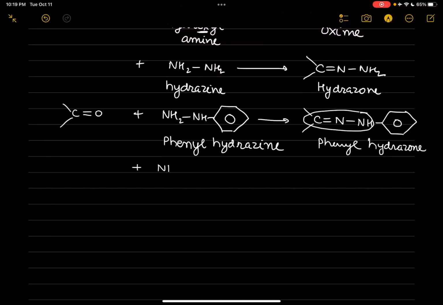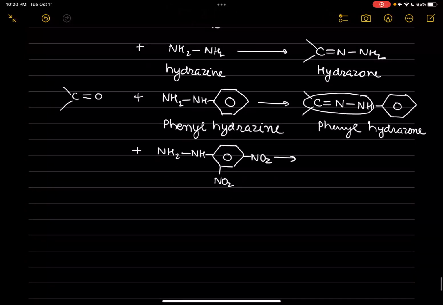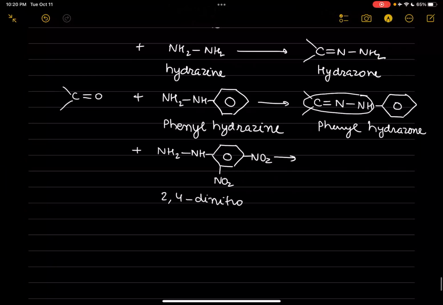And what about this one? This is going to be very, very famous. Dinitrophenylhydrazine, 2,4-dinitrophenylhydrazine.